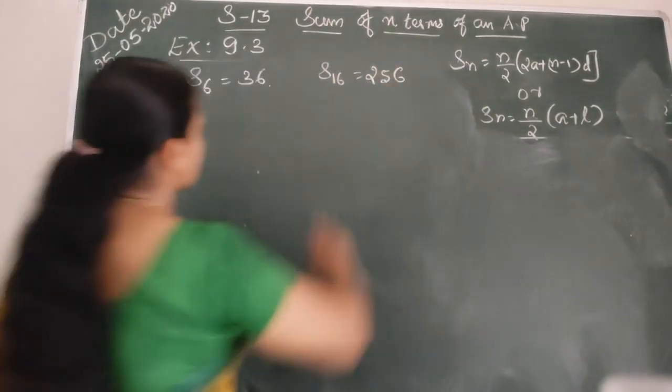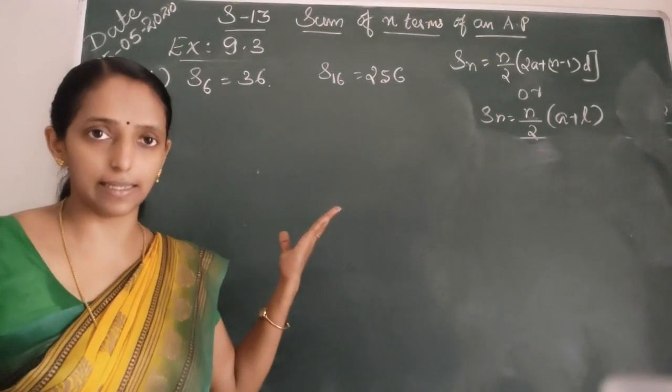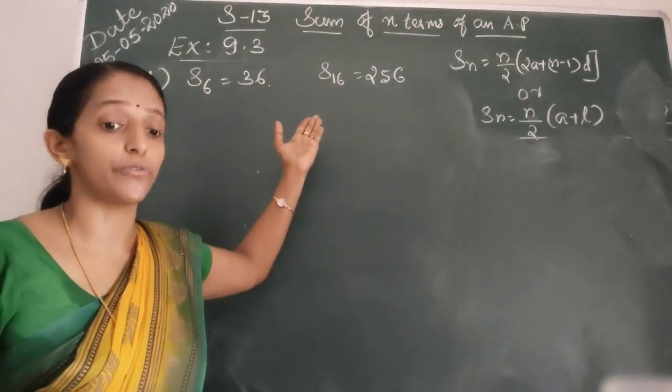So two sums are given. Sum of 6 terms is given as 36 and sum of 16 terms is given as 256.